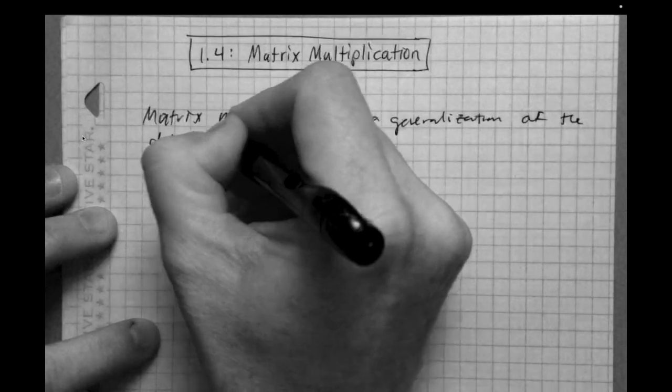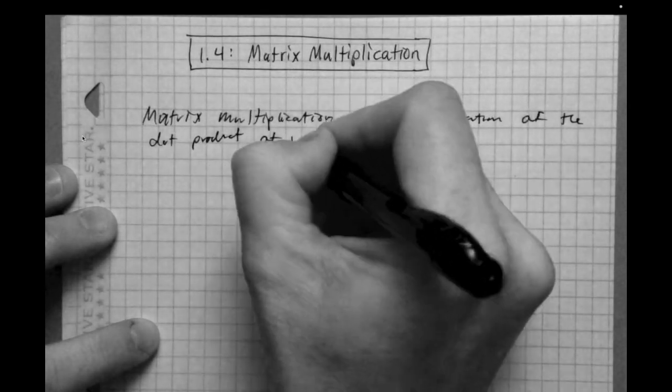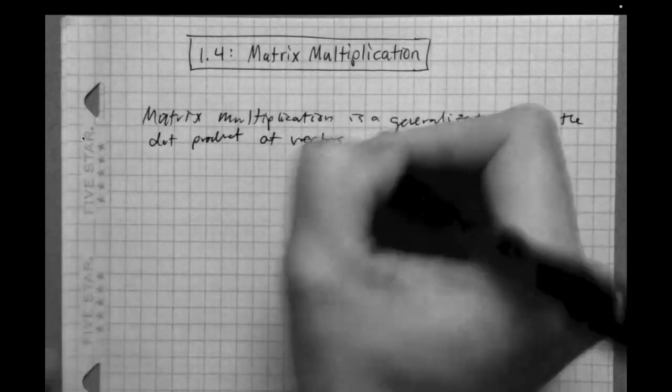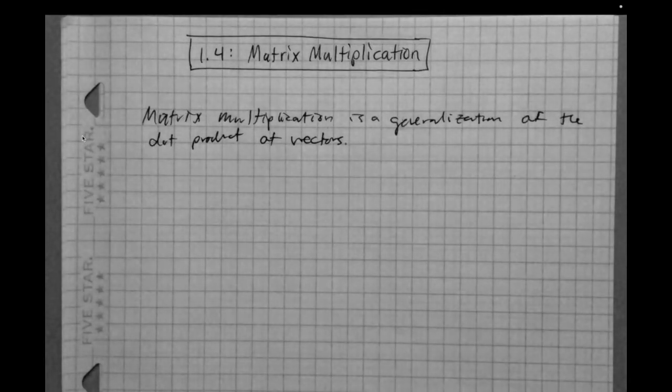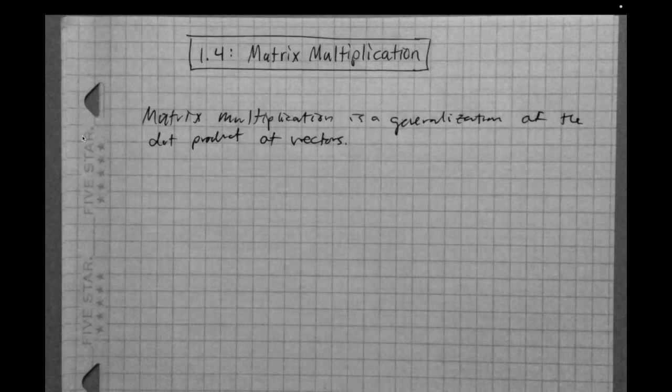Okay, and so the way we multiply two matrices together is going to have a lot in common with the dot product. Matrix multiplication is also going to depend on the sizes of the two matrices having a certain symmetry.